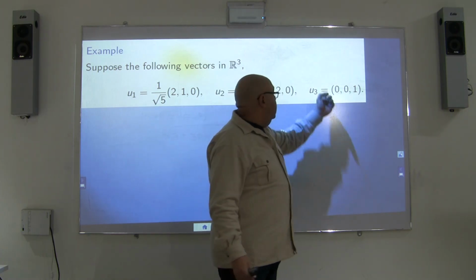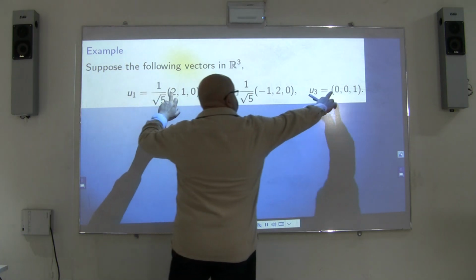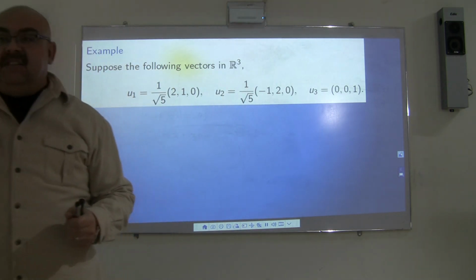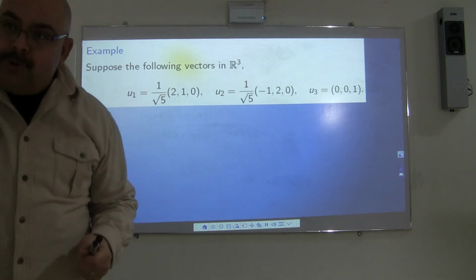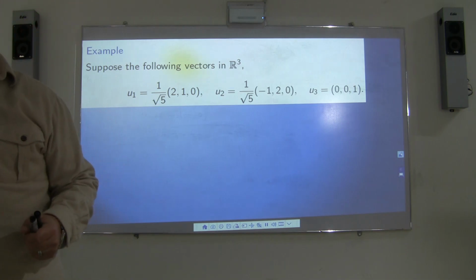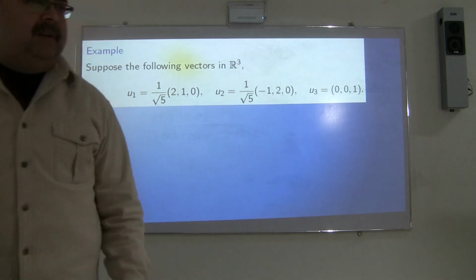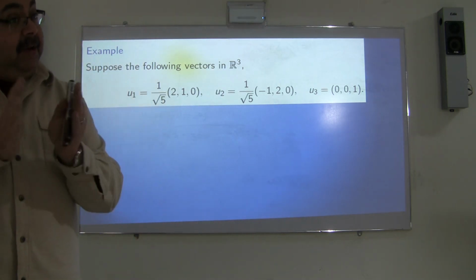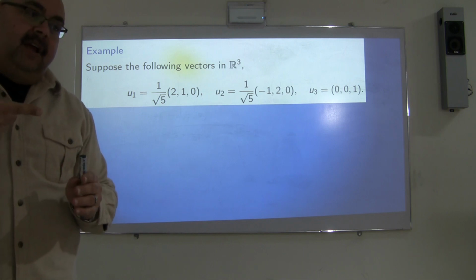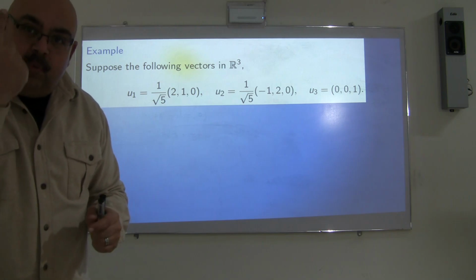What's remaining? U3 and U1, let's do it. 0, 0, 0. So already this basis, U1, U2, and U3, is an orthonormal basis, or an orthonormal set of vectors. Am I right? Their multiplication 2 by 2 is 0, which means they are orthogonal, and the magnitude of each one of them is equal to 1.